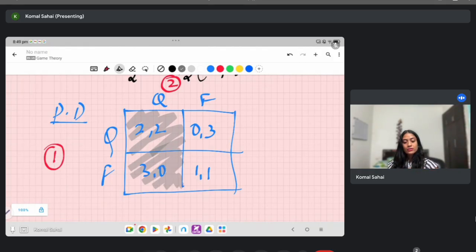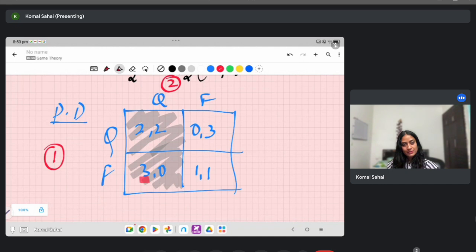If player 2 is going to keep quiet, what is my best response? 2 या 3? 3 is higher, so you underline 3. underline करना है, स्टार करना है, ऊपर लाइन करना है, जो भी करने का तो मार्क करना है उसको बस. ठीक है ना? So if player 2 is going to be quiet, my best response is to think because that gives me a higher payoff, right? इस केस में एक चीज याद रखना, this becomes very confusing कि तुम कौन सा नंबर देख रहे हो.